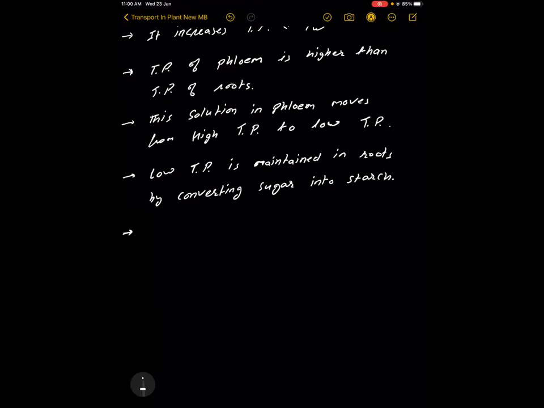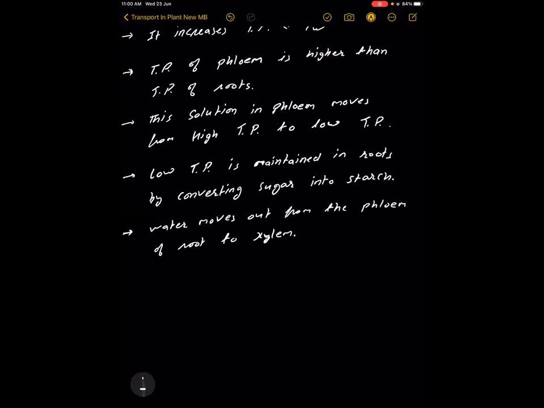Water moves out from the phloem cells to xylem. Okay. So this is Munch hypothesis.